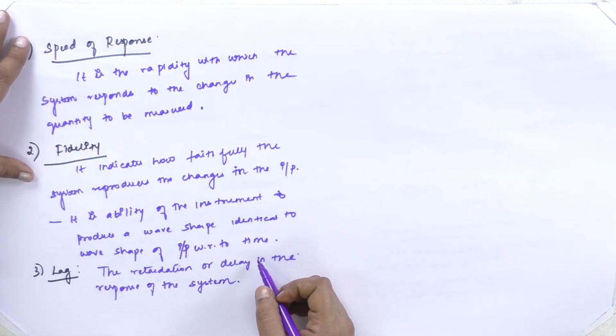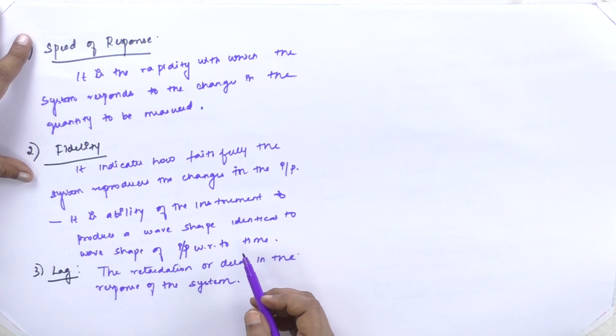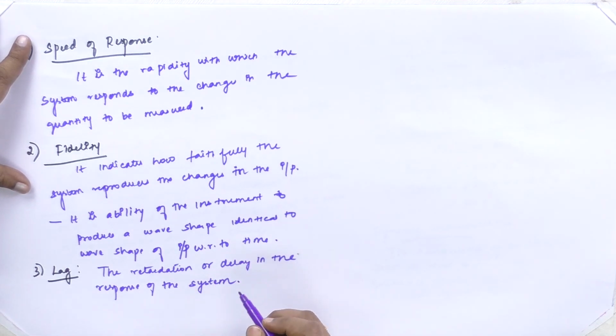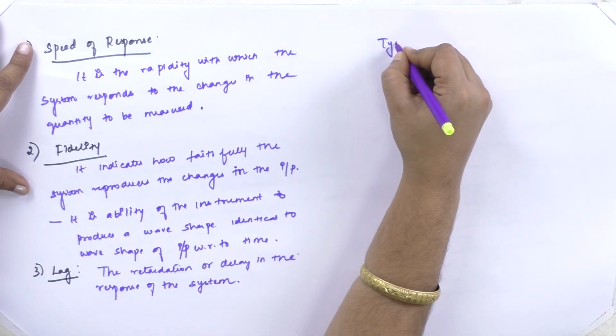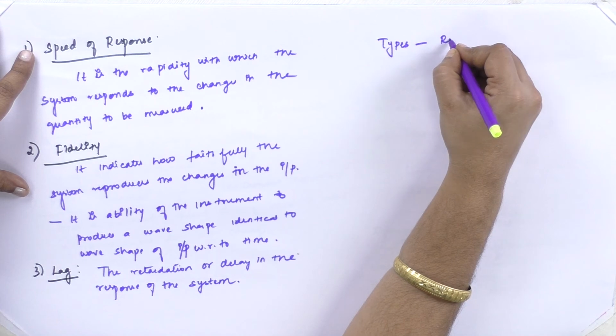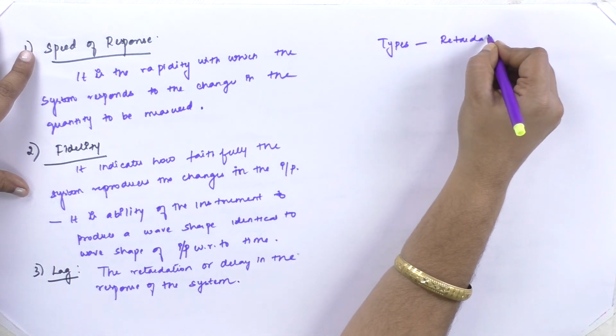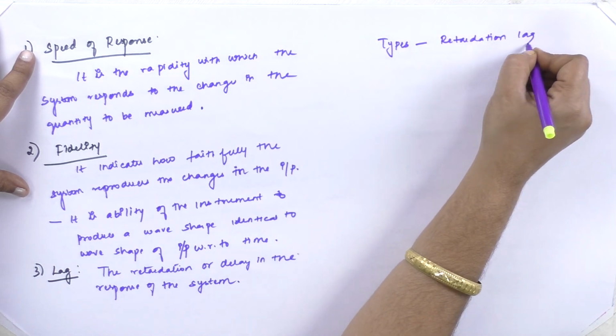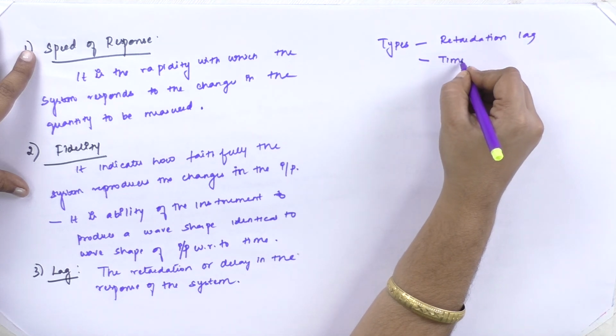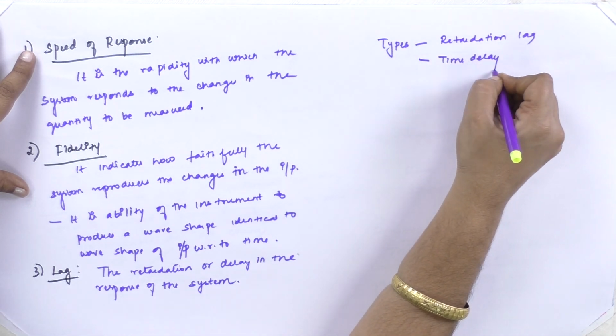Generally every system takes some time, however small it may be, to respond to changes in the measured variable. There are two types of lag: one is retardation lag and the other is time delay.